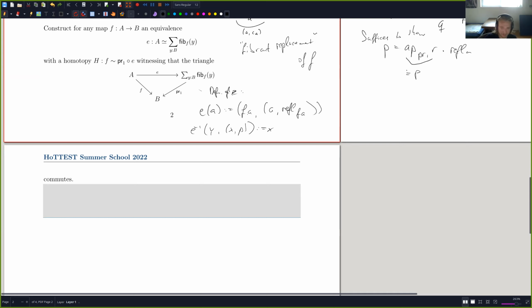Defined like this, it's already easy to see that E inverse is a retraction of E, so E inverse of E of A is F of A, refl at F A, and then E inverse projects to this component again, and that's just A. So this is judgmentally equal to A, and from that we get a path.